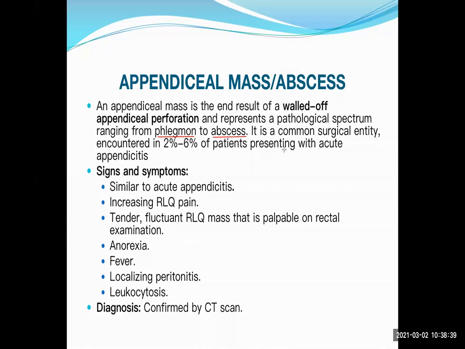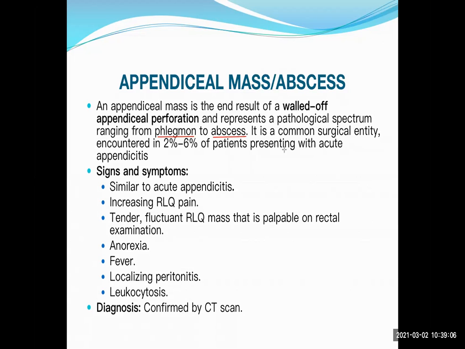Now, what we are talking about here, please listen properly. Appendix is inflamed. Now, what is the natural tendency of our body to restrict that inflammation in the appendix? I have told this reason before also. The greater omentum is known as the policeman of the abdomen.